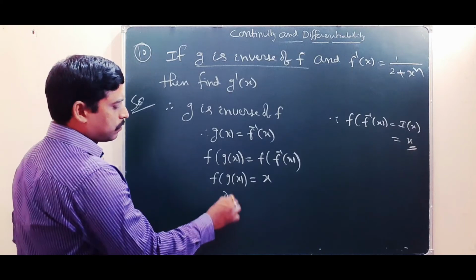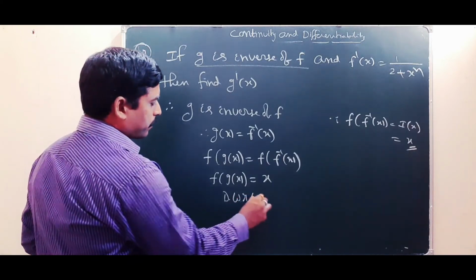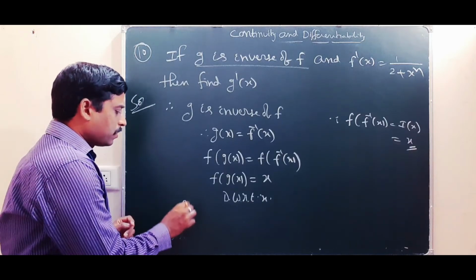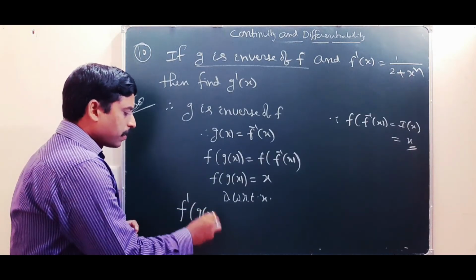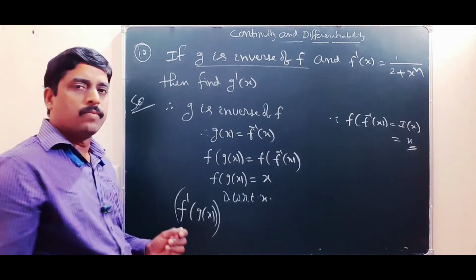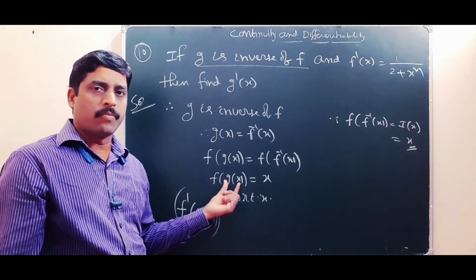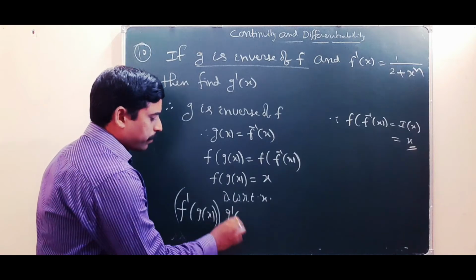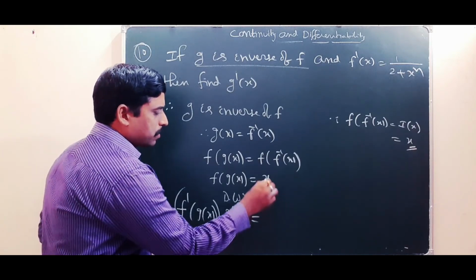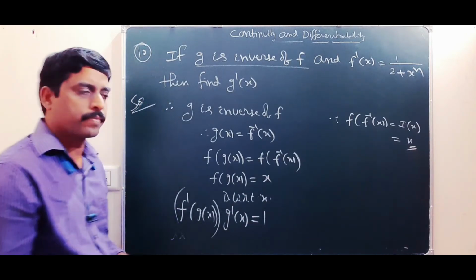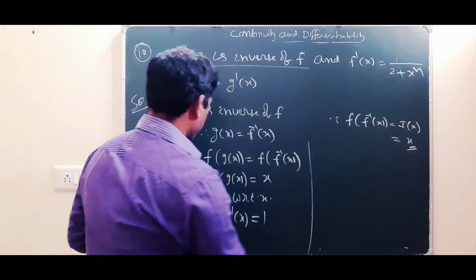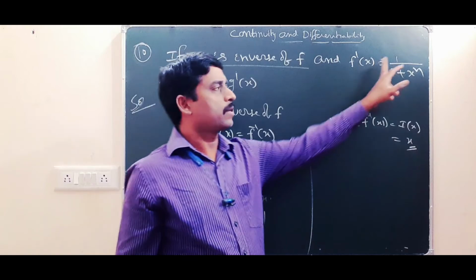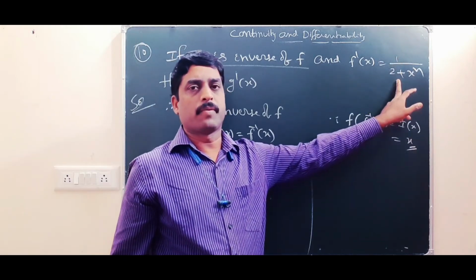Now differentiation on both sides with respect to x. Differentiation of f is denoted by f dash of g of x into, what is the inner function? g of x. Differentiation of g of x is g dash x, equal to, differentiation of x, we get 1. So f dash of g of x, we have the f dash of x value 1 by 2 plus x to the power n.